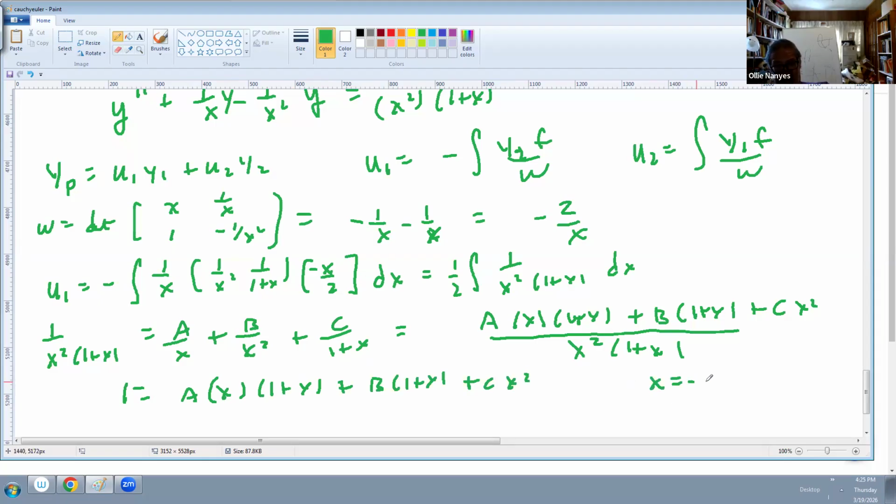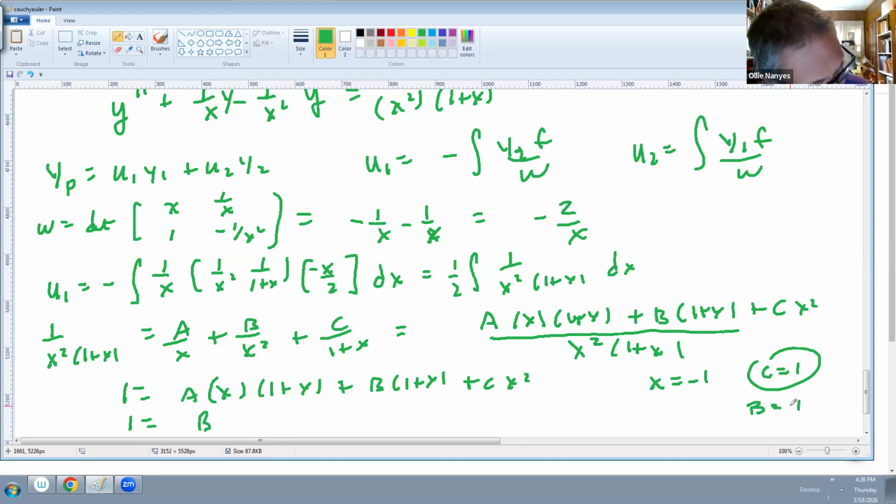Now try x equal to -1. That's a 0, that's a 0, that's a 1. So c is 1. Yay. Try x equals 0. Then 1 is equal to b times 1, so b is 1.